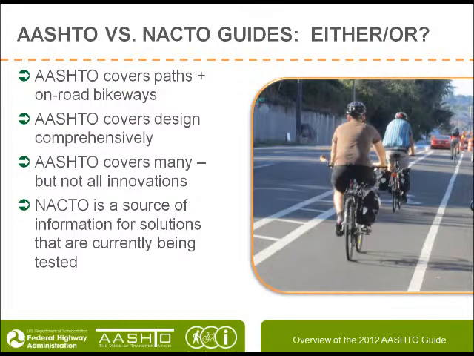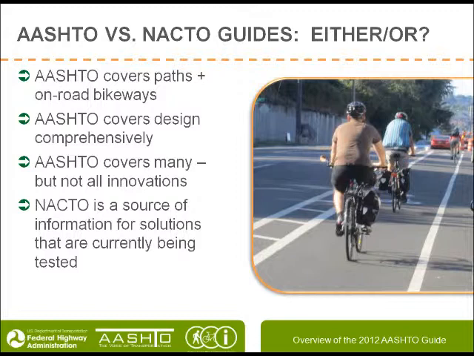Okay, so one question I often get asked is what's the difference between the AASHTO Bike Guide and the NACTO Bike Guide? NACTO is the National Association of City Transportation Officials, and that organization has also published a bike guide, a very good bike guide. I think it's important to understand the differences between these two guides and how to use them together to design good bikeways.